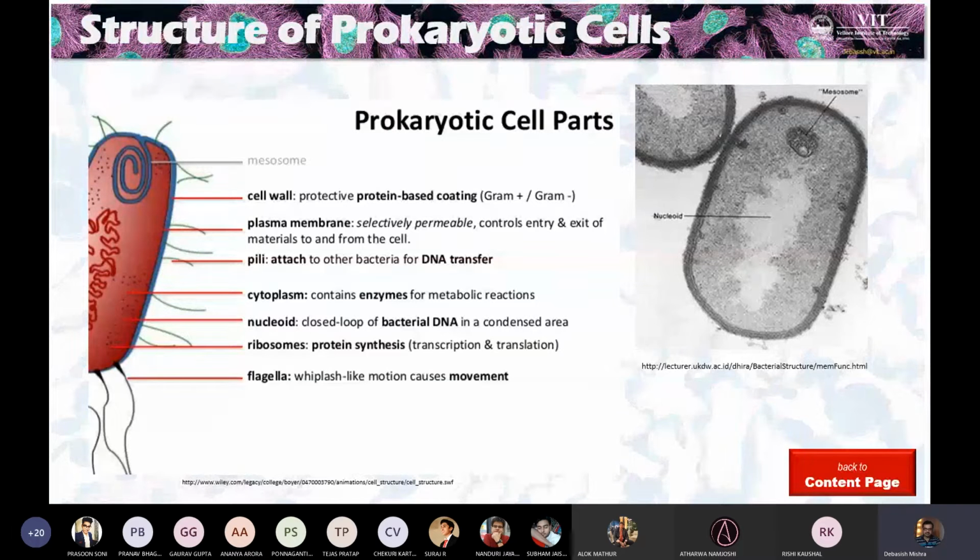We understood that metabolism is a set of a lot of reactions, one of the characteristics of life, right? A lot of catabolic and anabolic reactions happening together in a homeostatic way.